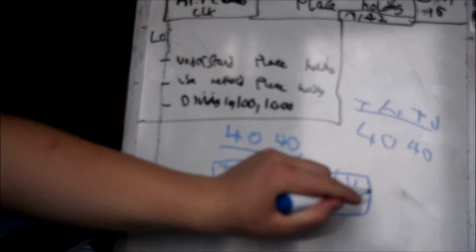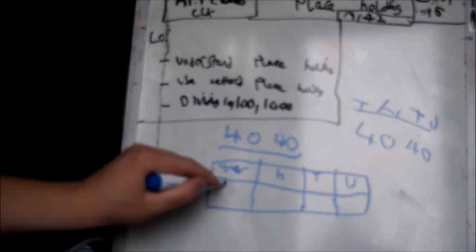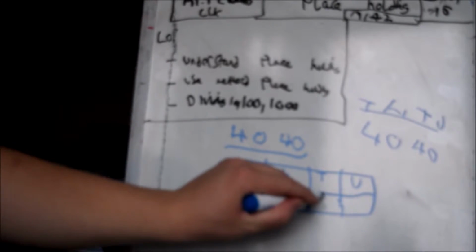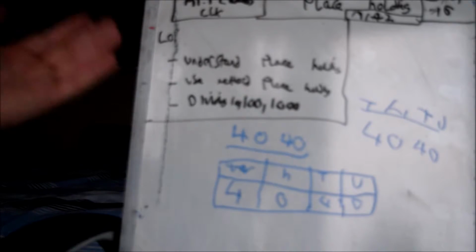So, as you can see, I've done that. Now, this looks a little bit easier to do. So you can put 4, 0, 4, 0. There we go. So that looks a bit neater, and that will allow you to sum it out.